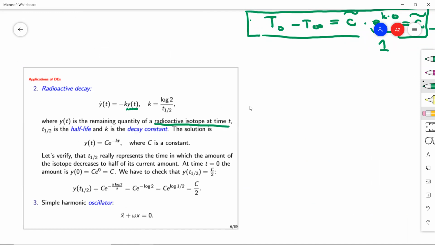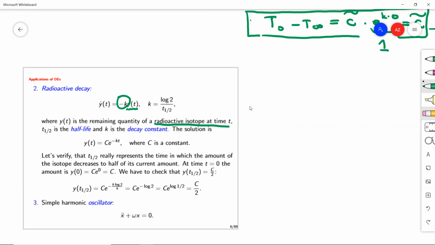And the rate of change of the quantity is again proportional to the current quantity. And this proportionality constant is written here as minus k, but it could also be written only as k.